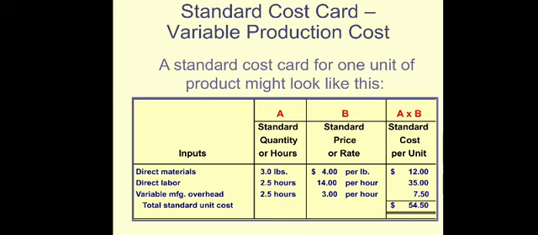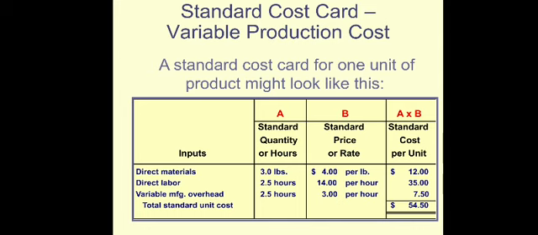In this document, you will have to show the cost related to the item. So see here, in this example, the direct material cost for this product, the standard in terms of quantity is 3 pounds, and the standard in terms of dollars is $4 per pound.